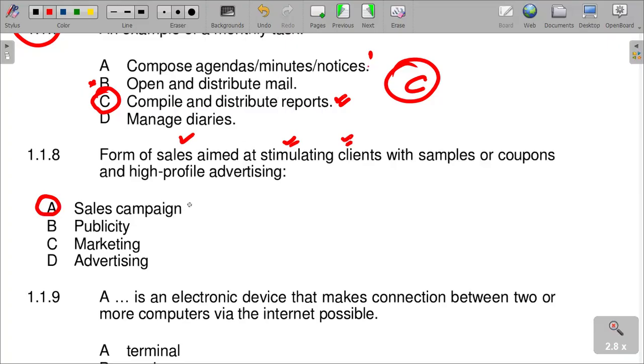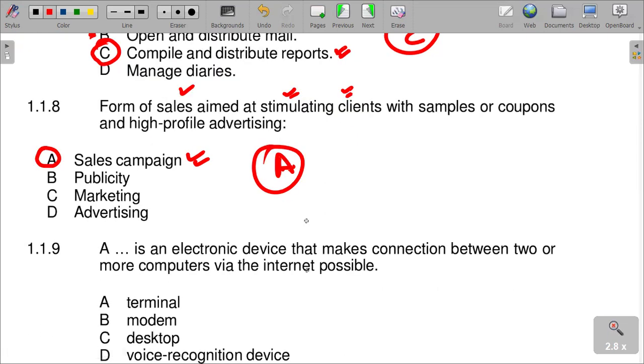A sales campaign is actually aimed at boosting clients with samples or coupons and high profile advertising. Don't confuse it with marketing. So it is number 8.